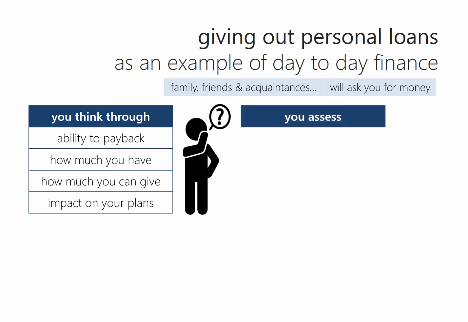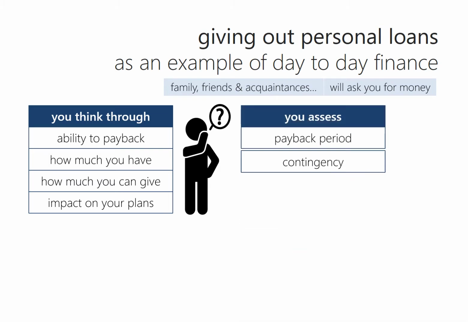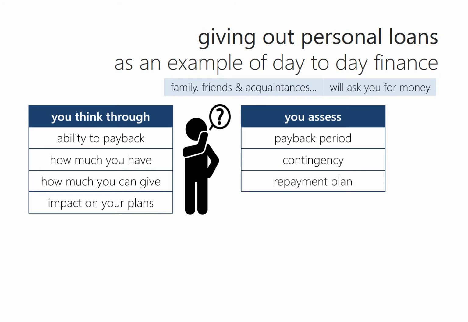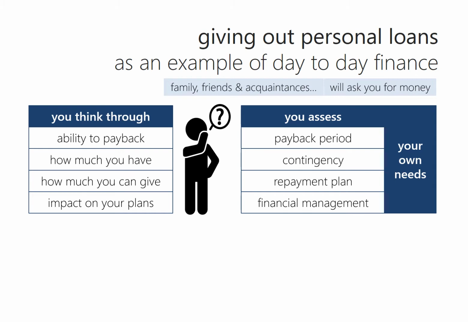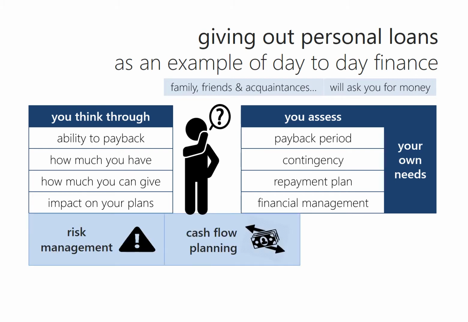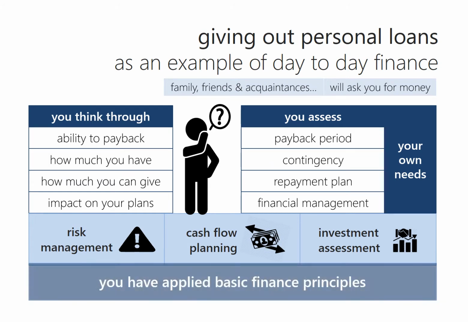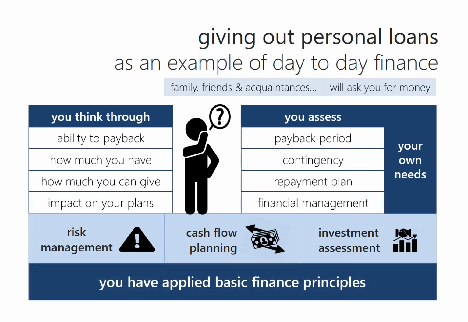You also assess when the money will likely be paid back, including some contingency, and how the repayment will work for your own financial needs. What you have done here is use risk management, cash flow planning, and even a measure of investment assessment if, for example, the person is paying back with interest. Once again, you are applying basic finance principles.